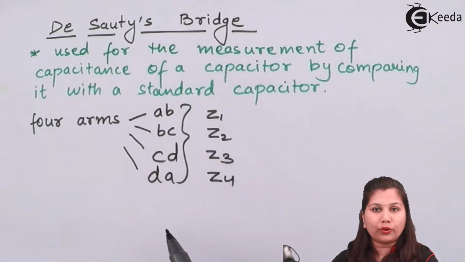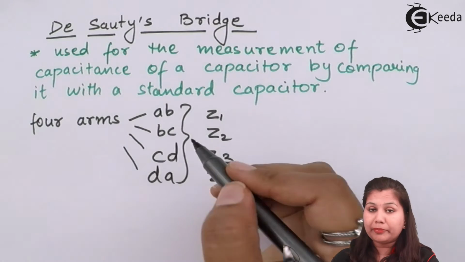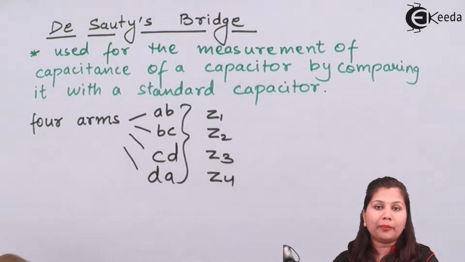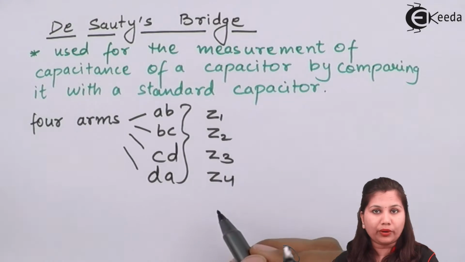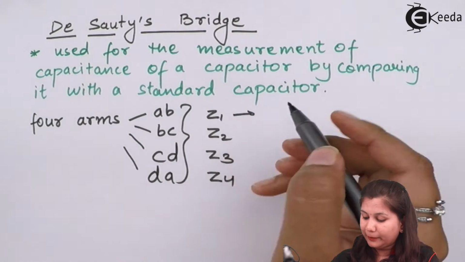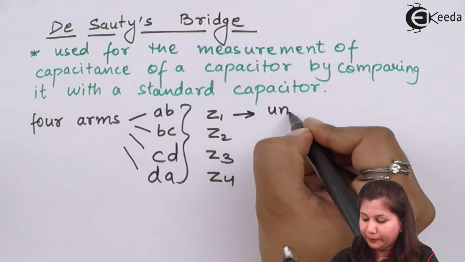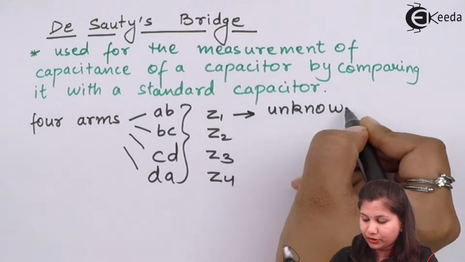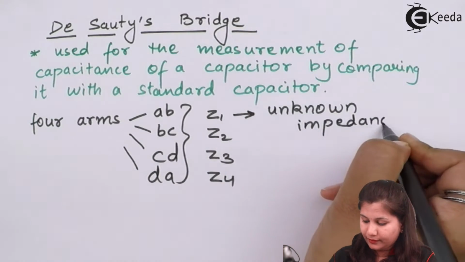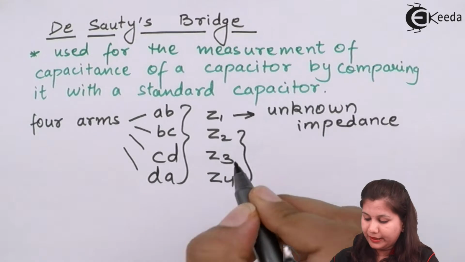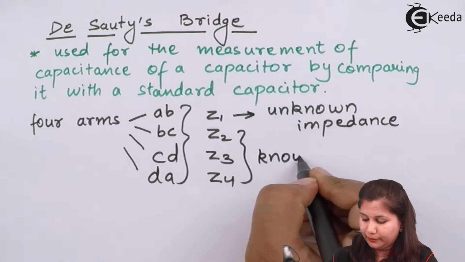Now impedances are a combination of resistance, inductance and capacitance. It can be a series combination also and it can be a parallel combination also. Out of these 4 impedances, the Z1 impedance will be the unknown impedance which we want to measure, and the remaining 3 impedances will be the known impedances.